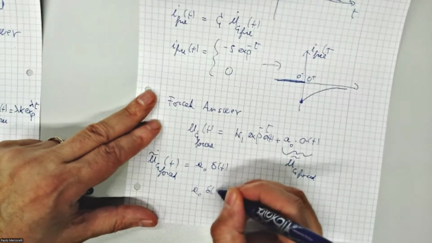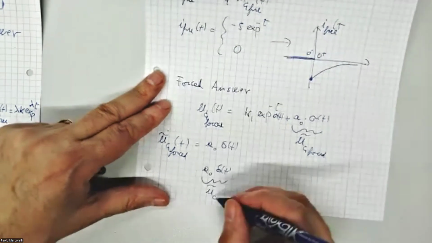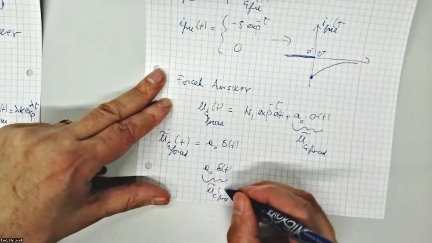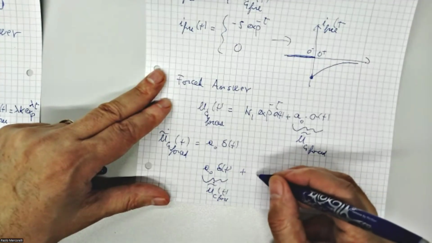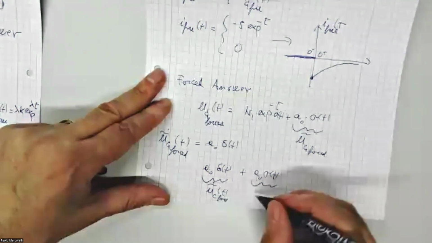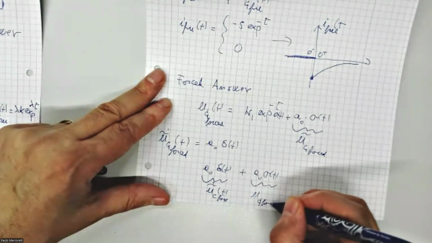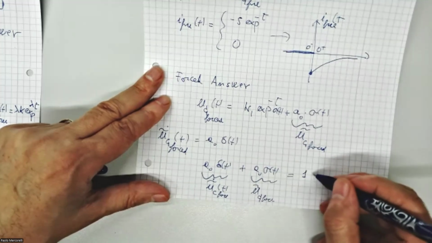Now I copy it better. This is the UC tilde forced derivative plus A0 sigma of t, which is UC forced tilde equal 12 sigma.